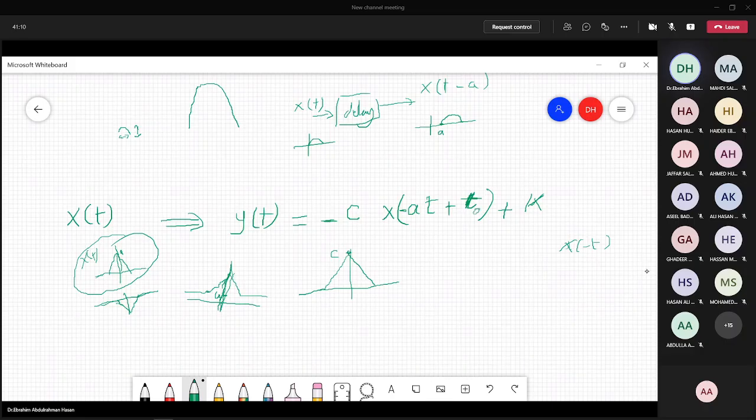T naught. T naught is going to shift right and left. If it is positive, then shift to the left. Negative, then shift to the right. So instead of starting at 0, it's going to start, for example, at T naught.